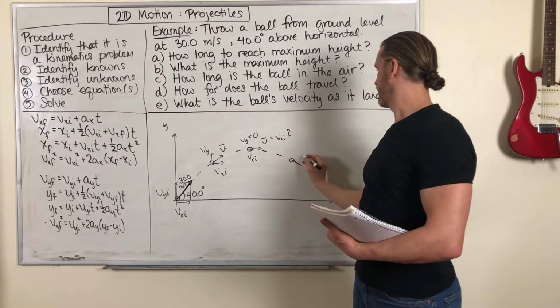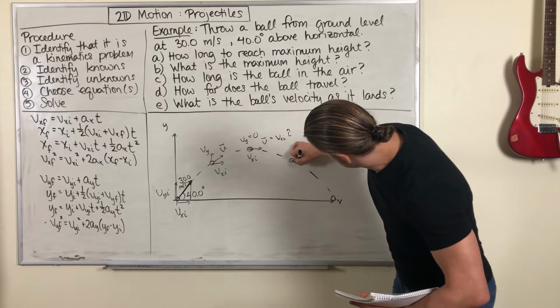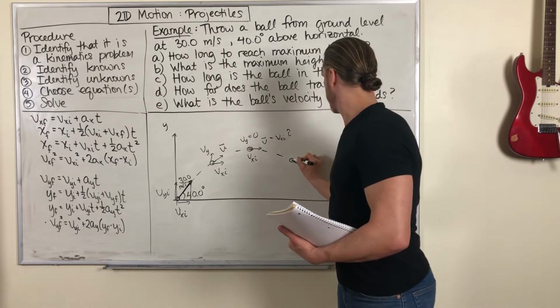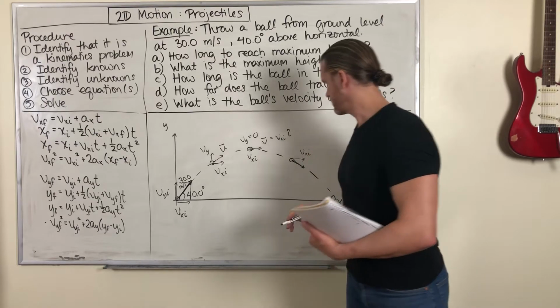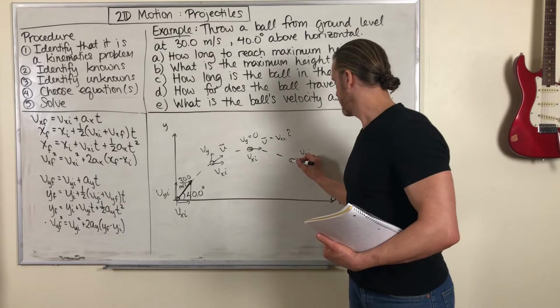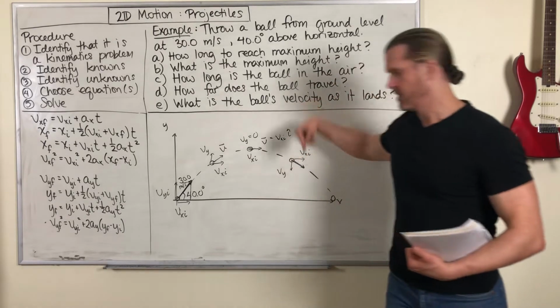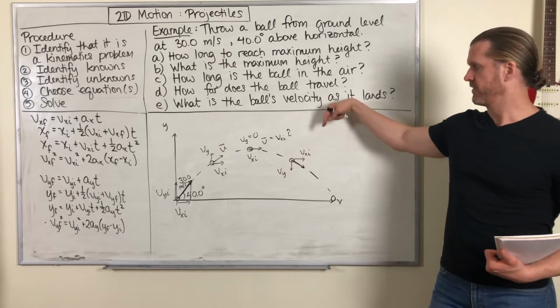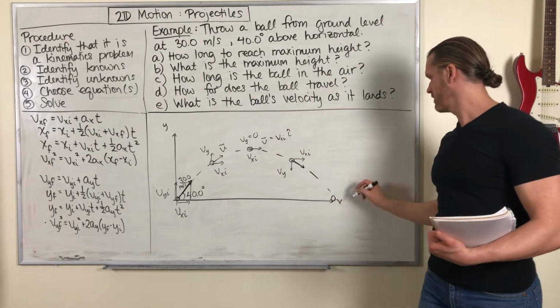And so for the rest of this motion, you still have this constant x component of velocity. It's the same value the whole time. And now y velocity is pointing downward. The object has started to fall down.